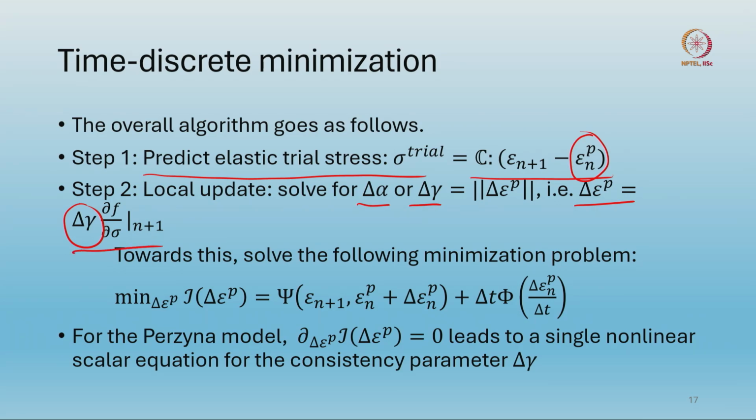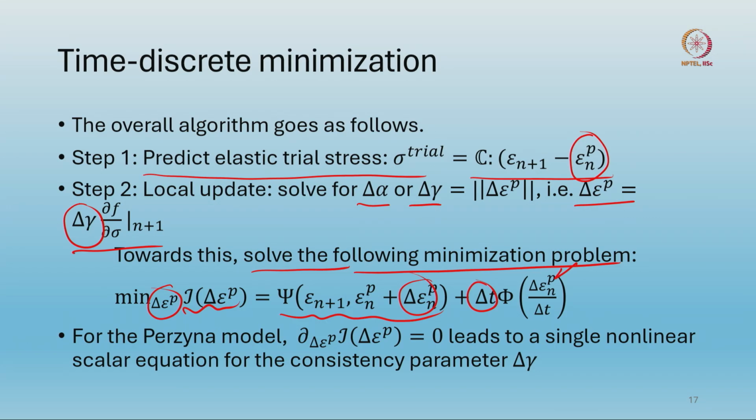Towards this, in step 2, to solve for delta alpha, we need to solve the following minimization problem. Remember that now alpha is nothing but delta epsilon p. We need to minimize this script j, which is psi at n plus 1 written in terms of delta epsilon p, plus delta t times phi of epsilon p dot, that is, delta epsilon p by delta t. I did not write epsilon p dot because we are finding delta epsilon p, so I have to write everything in terms of delta epsilon p only. Otherwise, how do I minimize with respect to delta epsilon p?